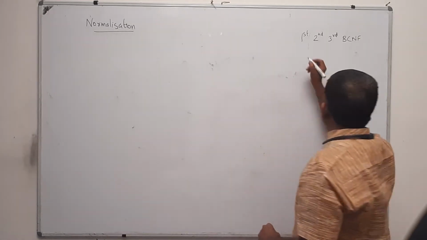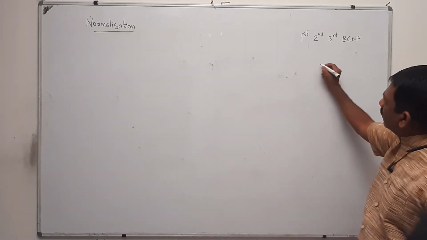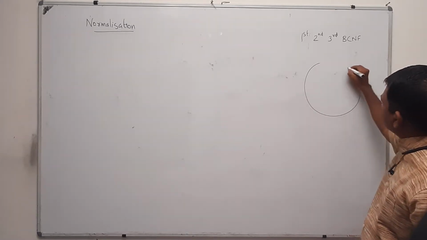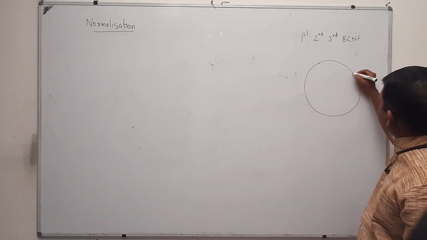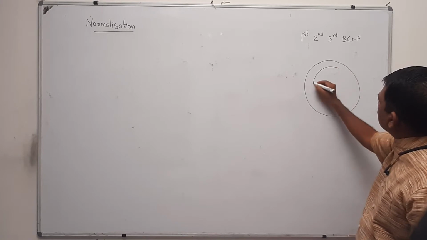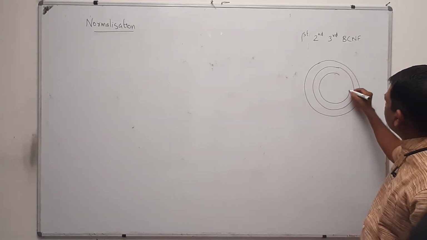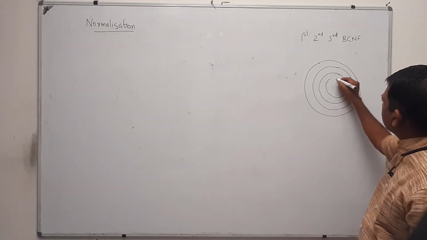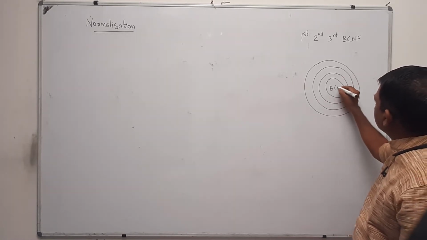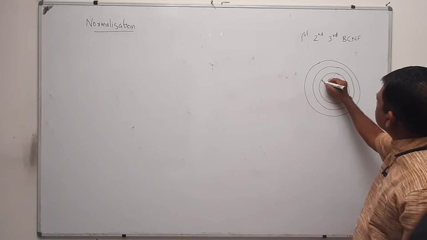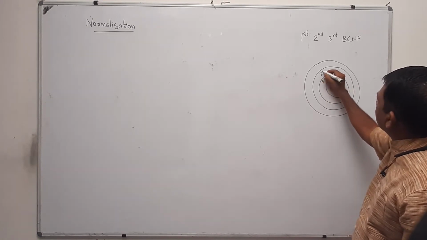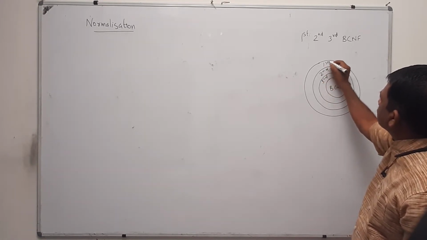Actually, we can have a Venn diagram for this. Suppose that this is first normal form, then this is second normal form, this is third normal form, and this is BCNF.